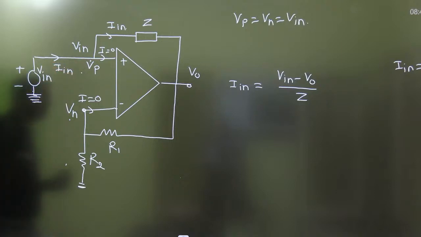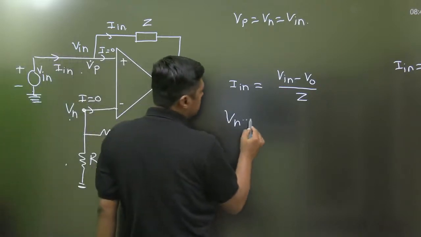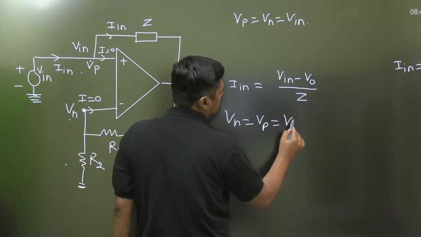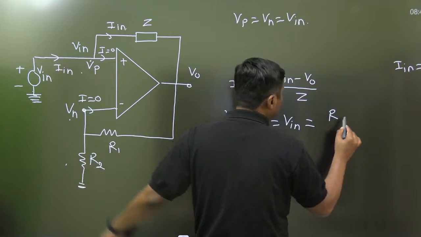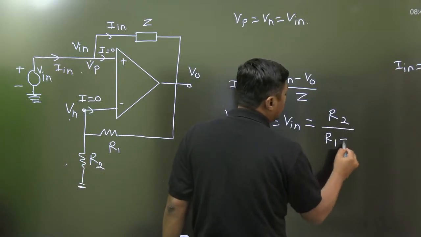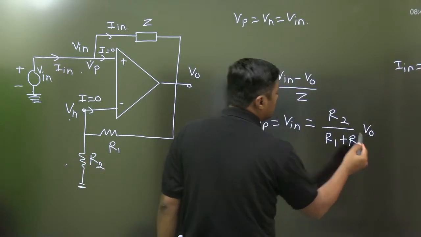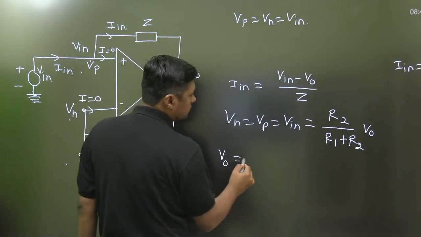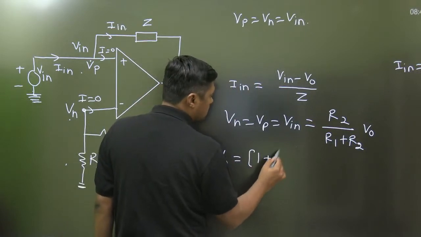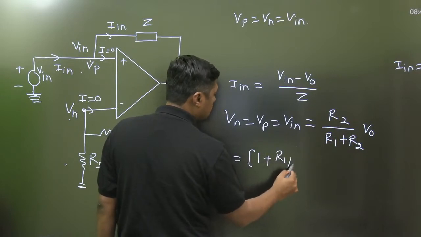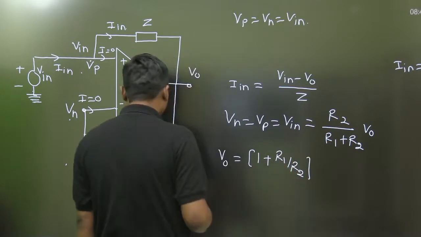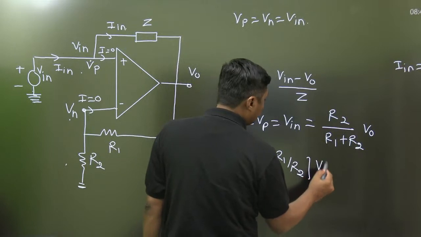Vin is equal to R2 upon R1 plus R2 into V0. So what is the V0? It is 1 plus R1 by R2 into Vin.